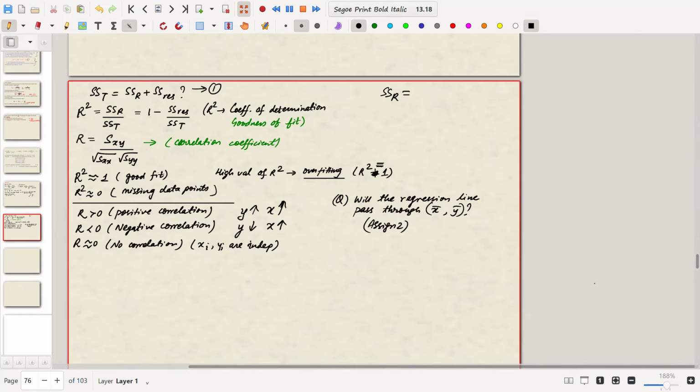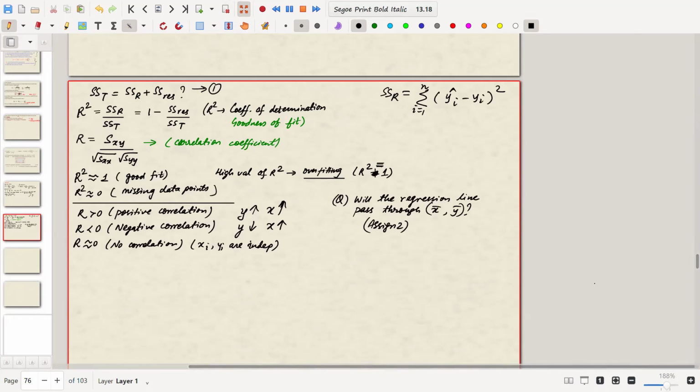It's the sum of square of residuals: the regression line, an actual point, the difference between them, and you take the square and sum it over all the points. So the summation, i equals 1 to n, of (Yi cap minus Yi) squared.